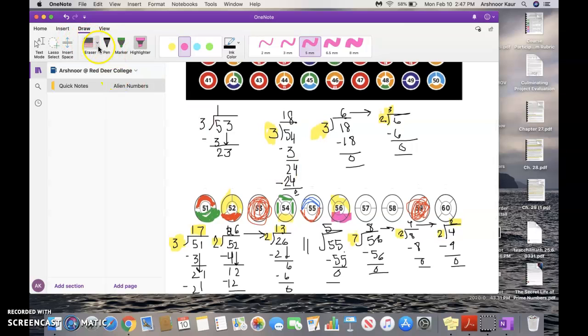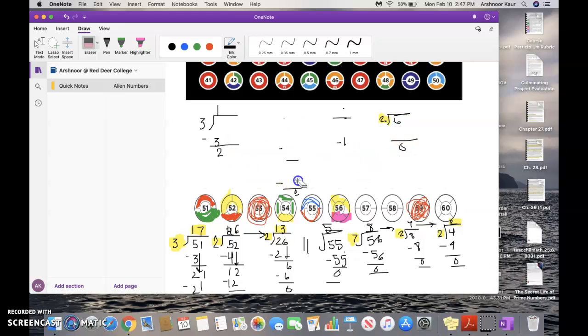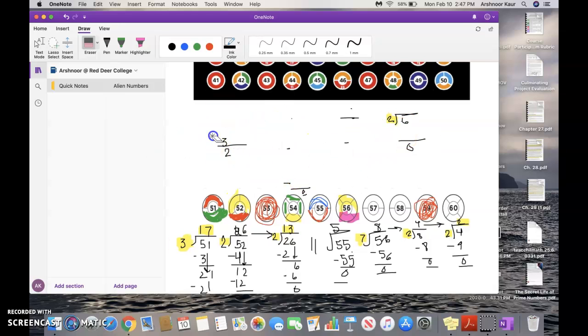57. Now if I were to divide that, so I'm just going to erase this off to make sure I have enough space. Okay, so if I were to divide 57, okay, 57 can be divisible by, let's see, 3.